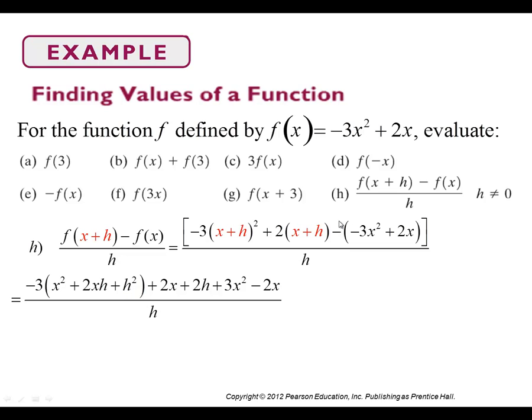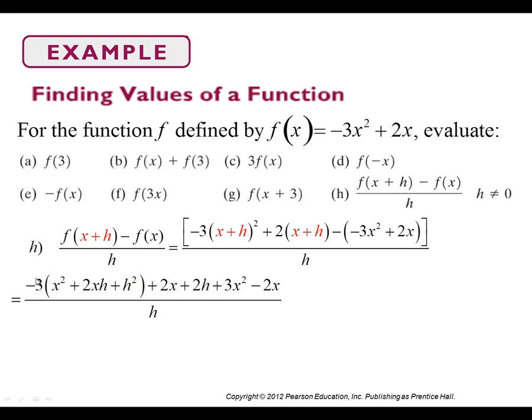Here we're going to distribute that negative, and that's going to give us negative 3x squared plus 2x. And here we distribute the 2: 2x plus 2h. Minus times a minus is a plus 3x squared, minus times a plus 2x is a minus 2x.